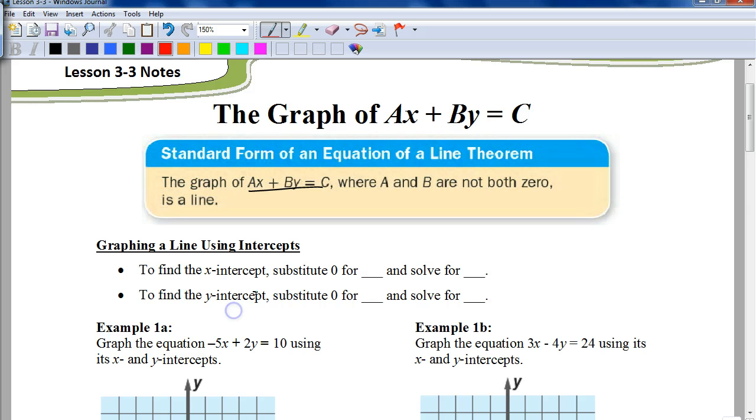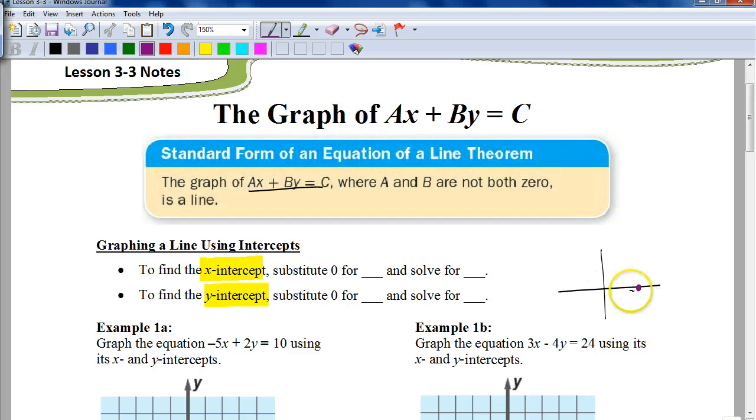As far as how to graph these in the form ax plus by equals c, the easiest way to graph it is to use the x-intercept and the y-intercept. It's important to realize what the x and the y-intercept are. You might already feel like you know this, but let's talk about it anyhow. The x-intercept means where it crosses the x-axis.